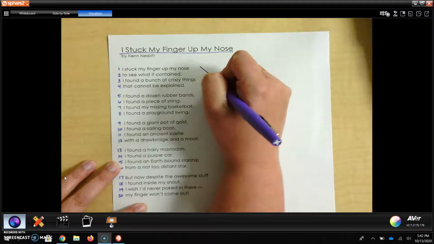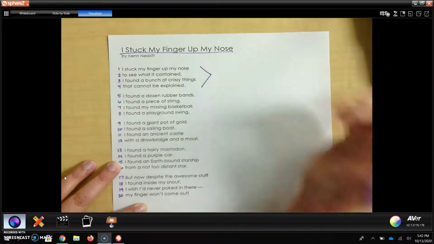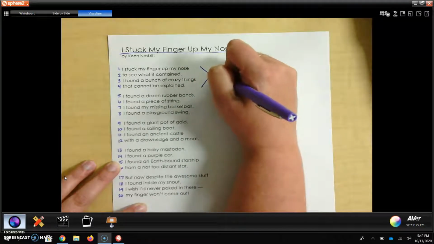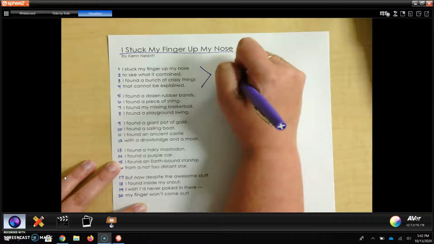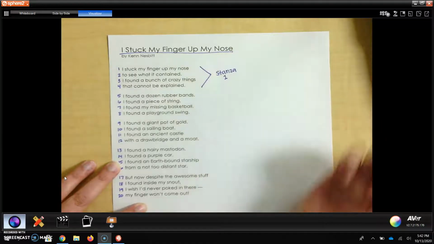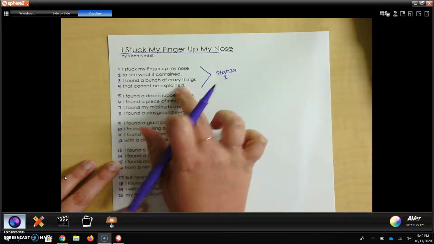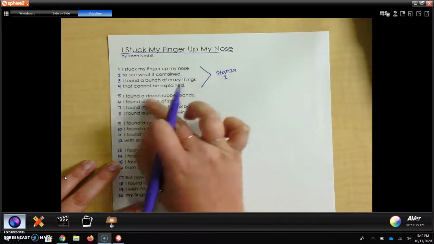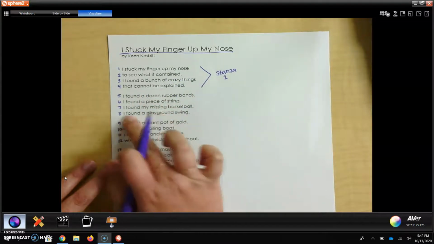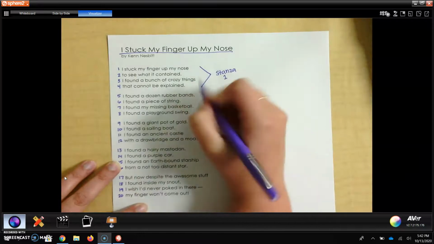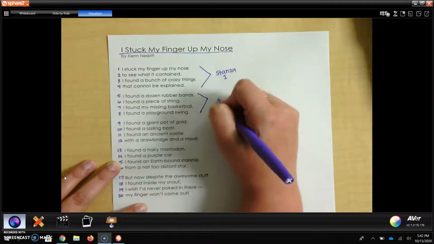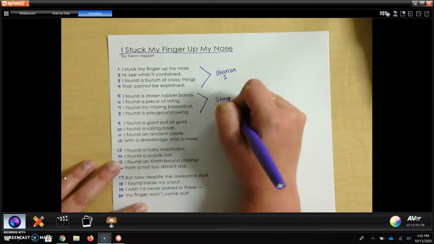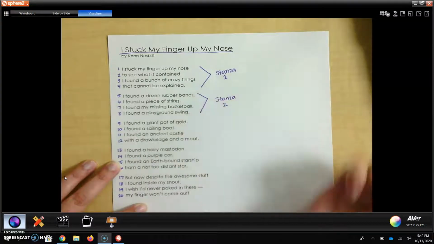I like to draw a little grouping symbol, and I'm going to put stanza 1. And then there's a space. Let's go to our next group. We see a group of lines here. Oh, there's another space, so these are grouped together. That's another stanza. So that's stanza number 2.